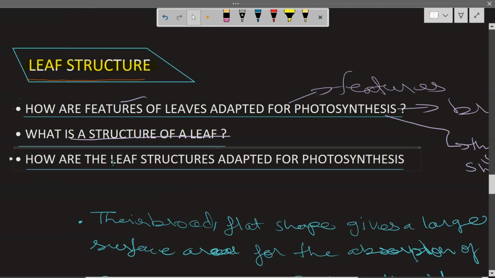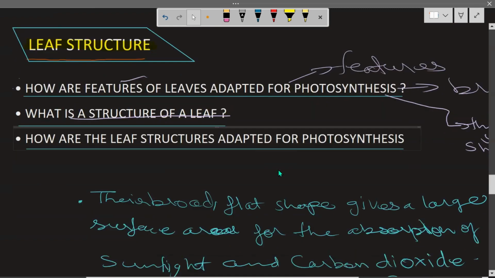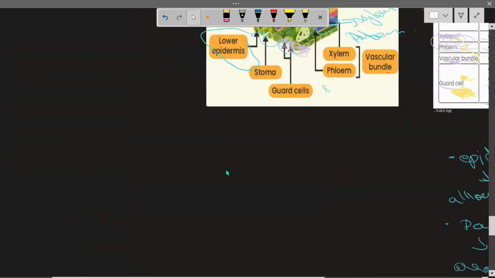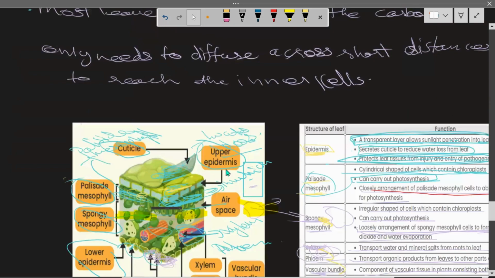We have also discussed how the leaf structure is adapted for photosynthesis. For example, the arrangement of palisade mesophyll allows it to get maximum sunlight, and the air spaces allow CO2 to pass through, and the stomata open and close. And that's it for today, inshallah, guys.